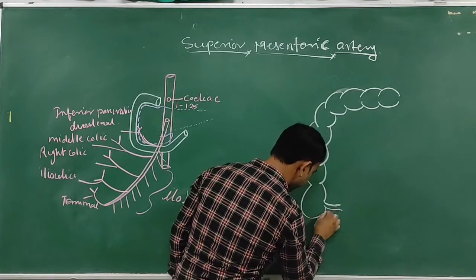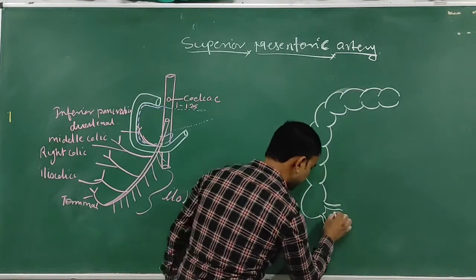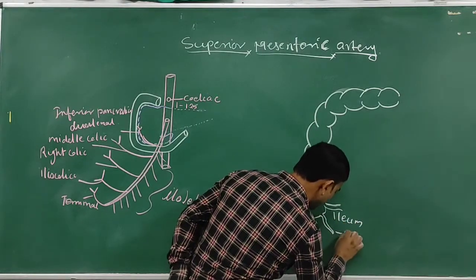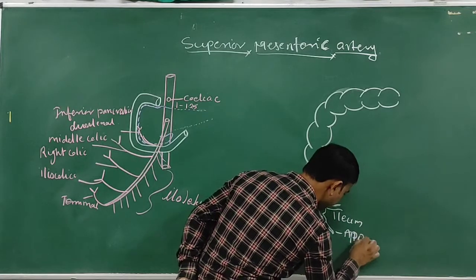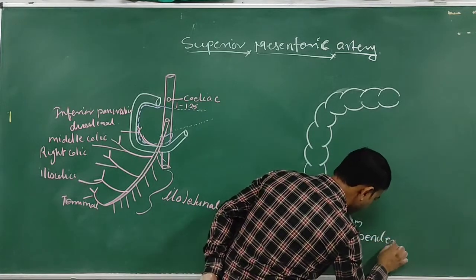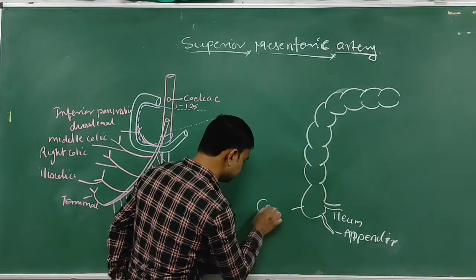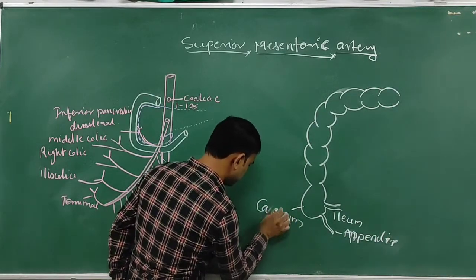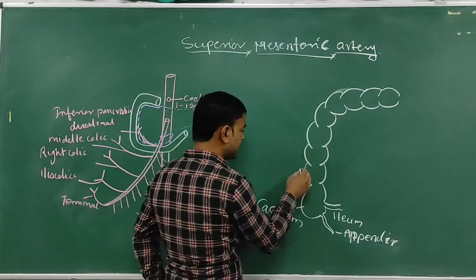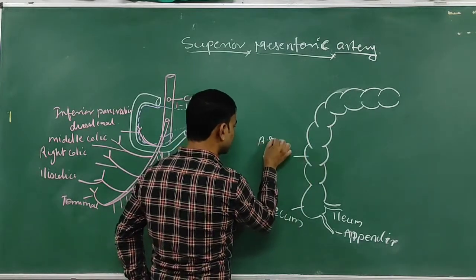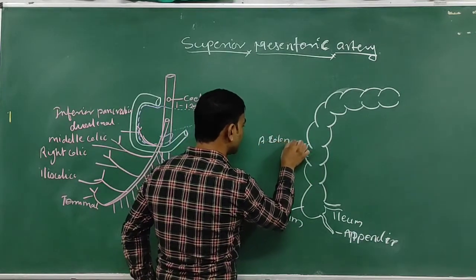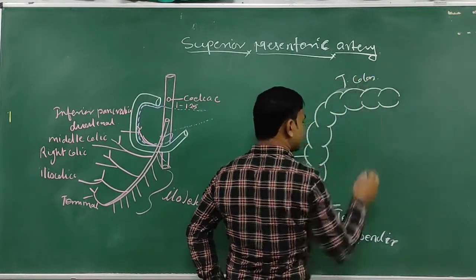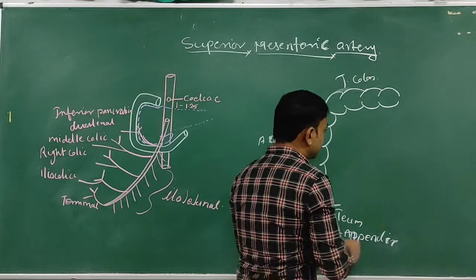This is the terminal ileum, this is the appendix, this is the cecum, this is the ascending colon, and this is the transverse colon.